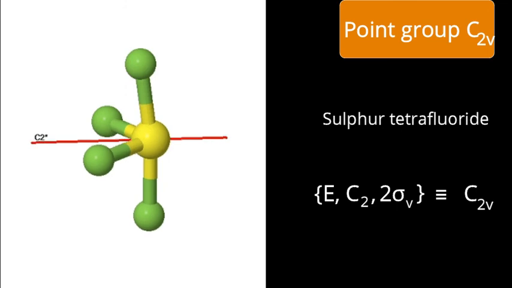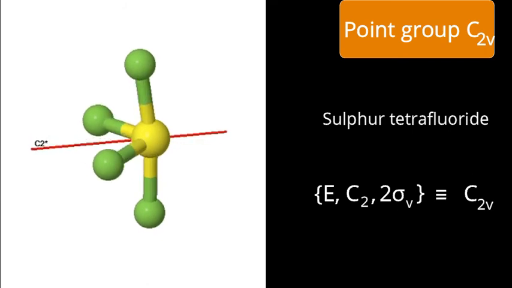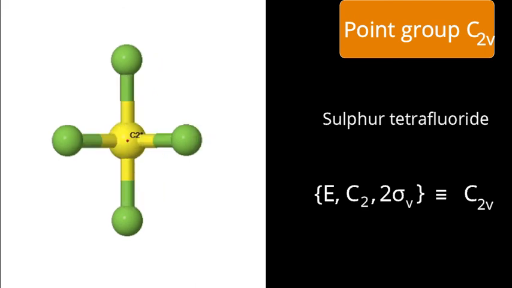See the representation: identity, comma, C2, only one operation, comma, 2 sigma V, the two planes that are there. Both planes are vertical planes because they pass through the principal axis. So just as for the water molecule, the same operations are possible for SF4 also.